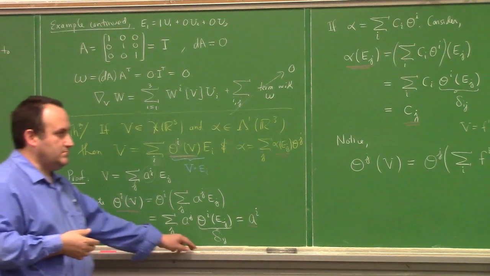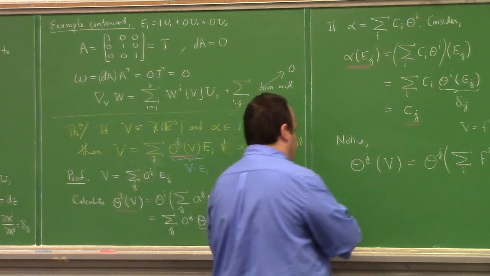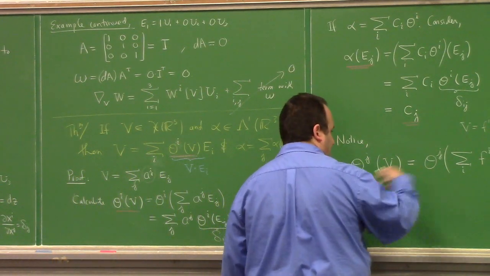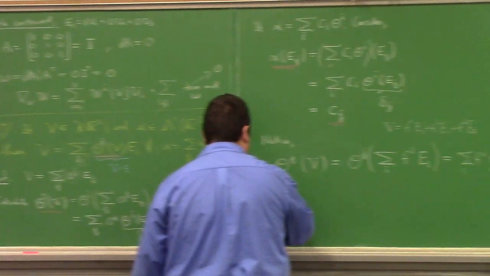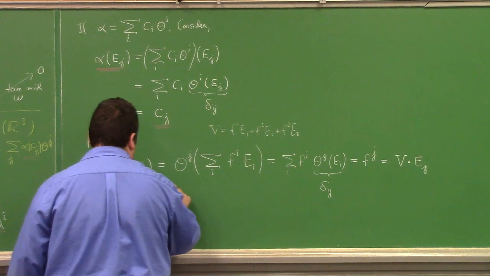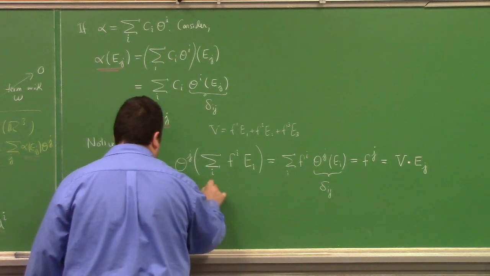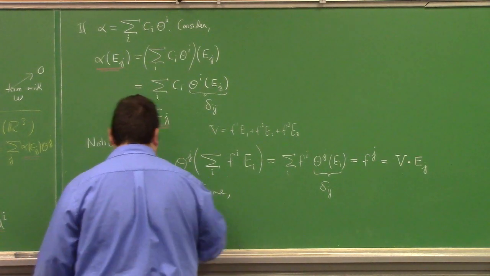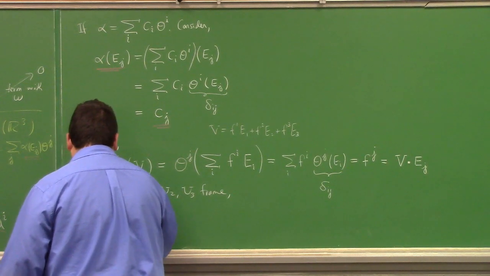Now, what happens when we apply this to the U1, U2, U3 case, right? We had what? Aij was, what was that equal to?